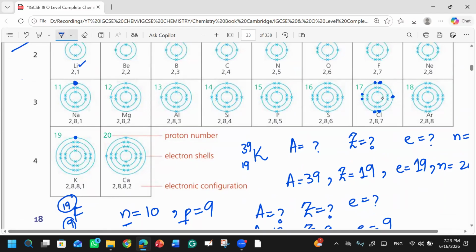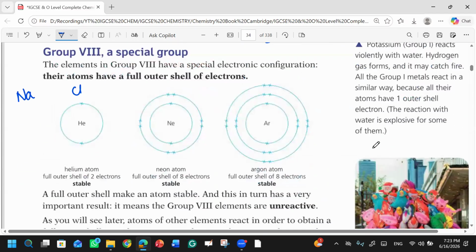Will it lose all the outermost electrons or will it gain an electron from the sodium? Basically, every element wants 8 electrons in its valence shell, or 2 electrons. This is known as the duplet rule, and there is an octet rule.